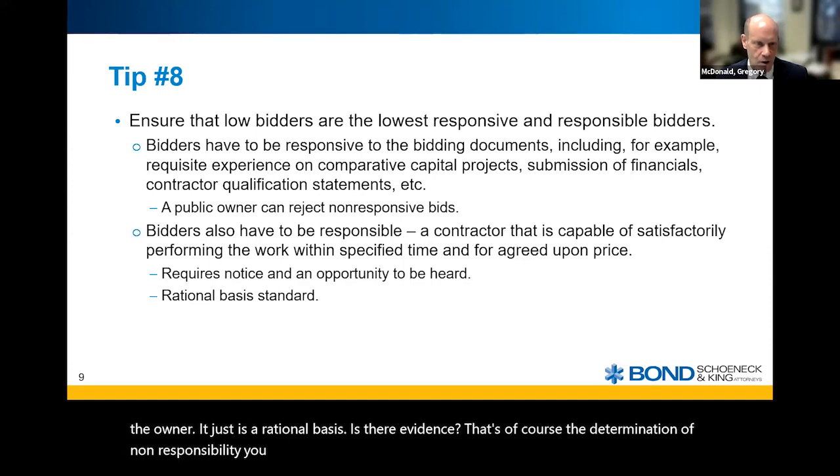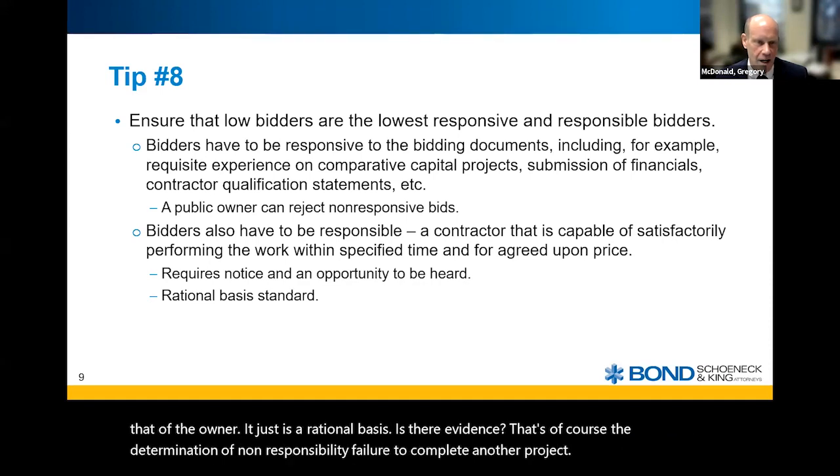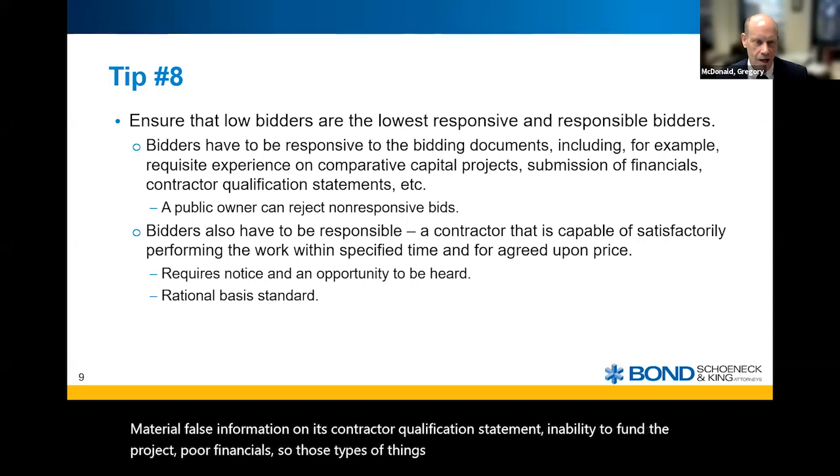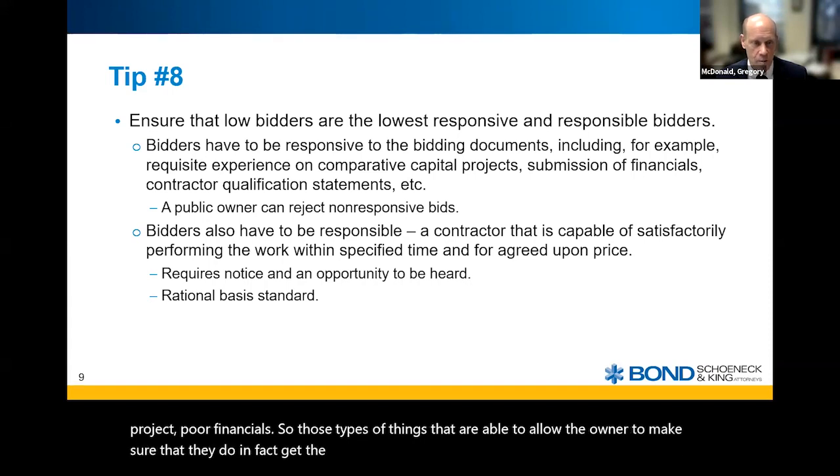Failure to complete another project, material false information on its contractor qualification statement, inability to fund the project, poor financials. So those types of things are able to allow the owner to make sure that they do in fact get the lowest responsive and responsible bidder for their project.